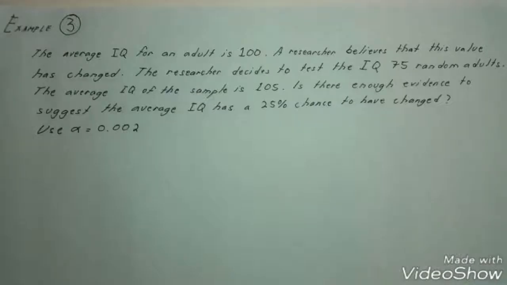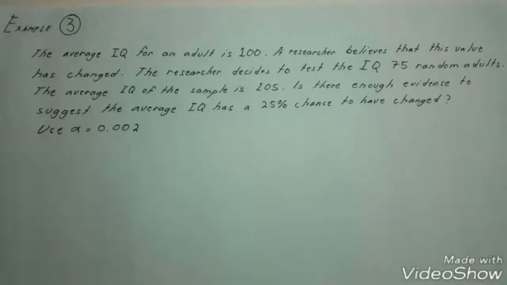Our last example for z-test for proportion. The average IQ for an adult is 100. A researcher believes that this value has changed. The researcher decides to test the IQ of 75 random adults. The average IQ of the sample is 105.